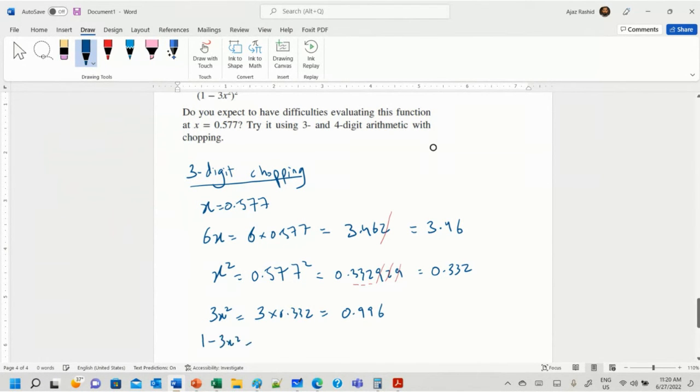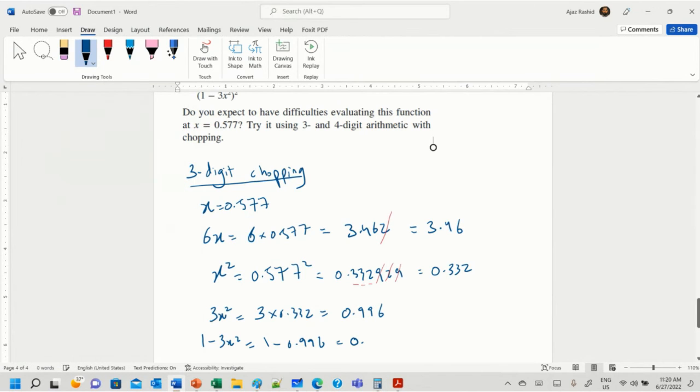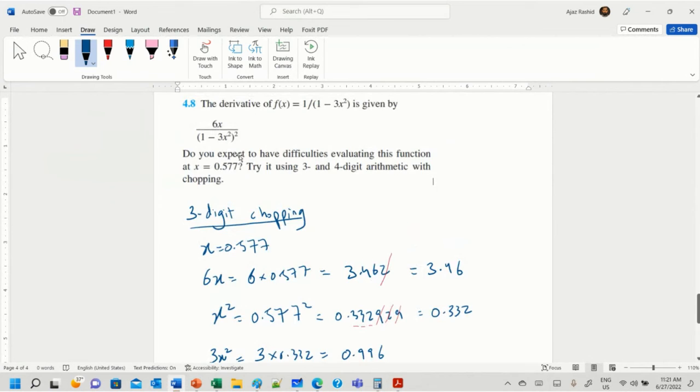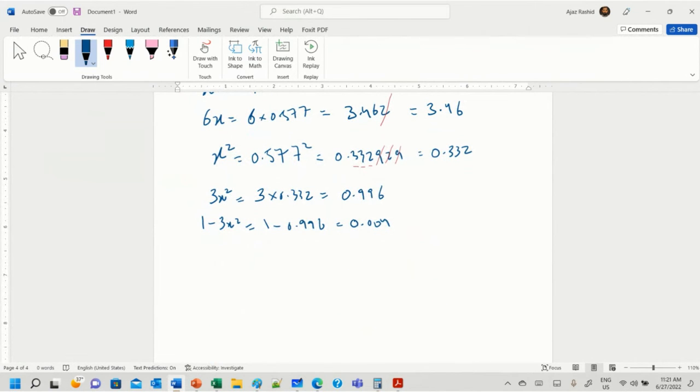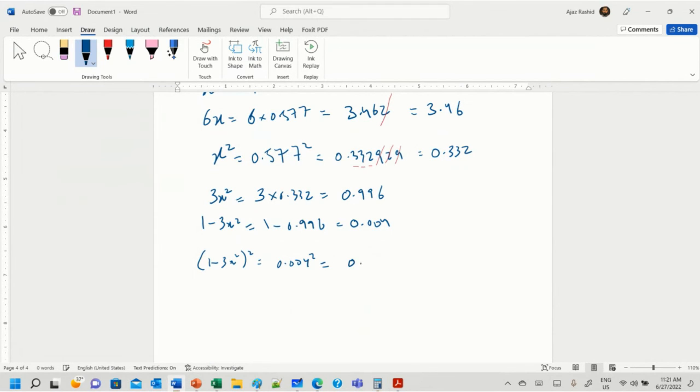1 minus 3x squared is 1 minus 0.996, which is 0.004. Then we have this squared, so (1 minus 3x squared) squared is 0.000016.